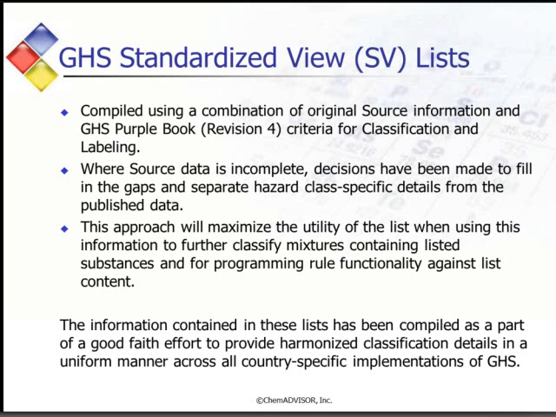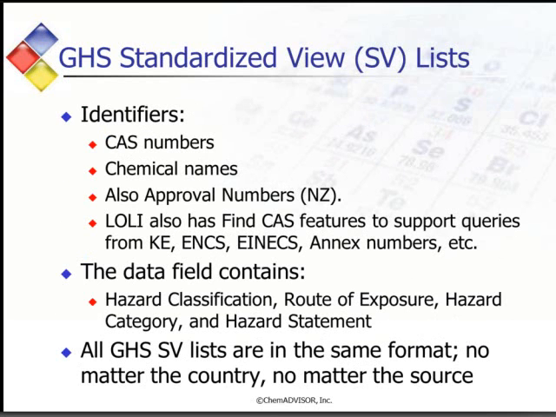The standardized view presentation includes CAS numbers and chemical names. If there's an approval number, such as for New Zealand, that identifier is included as well. LOLI does support find CAS features to support queries via identifiers from other countries, either inventory numbers or annex numbers, or again, those approval numbers.